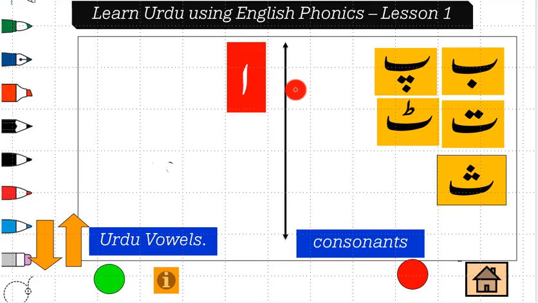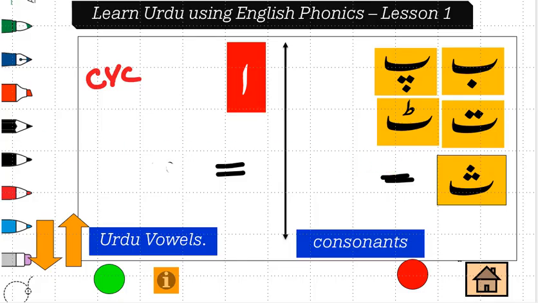We'll be doing a CVC blending, consonant, vowel, consonant, the same concept as in English. These are my consonants and this is my vowel. This is the bare minimum alphabetical sound you should know to start reading immediately.